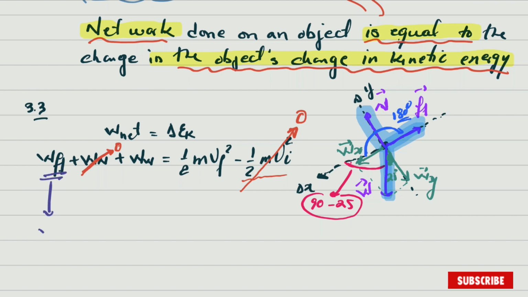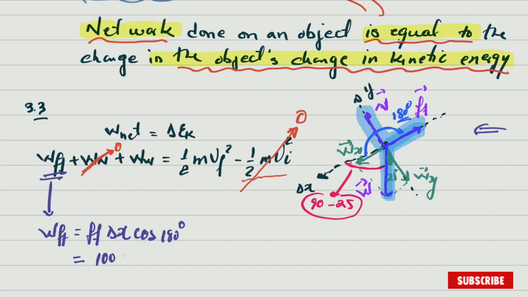And then the work done by friction here is going to be equal to the frictional force, which we have, multiplied by the displacement, which we don't have, multiplied by the cosine of theta. And if you go to the free body diagram, we already selected it is 180 degrees. If you want, we can substitute here. However, remember we don't have the displacement, but we have the frictional force, which was 100.